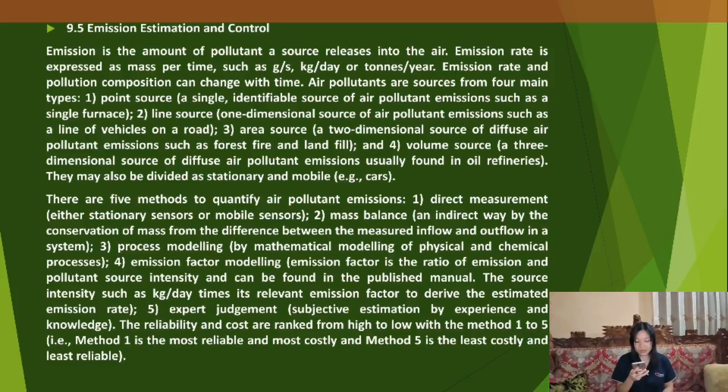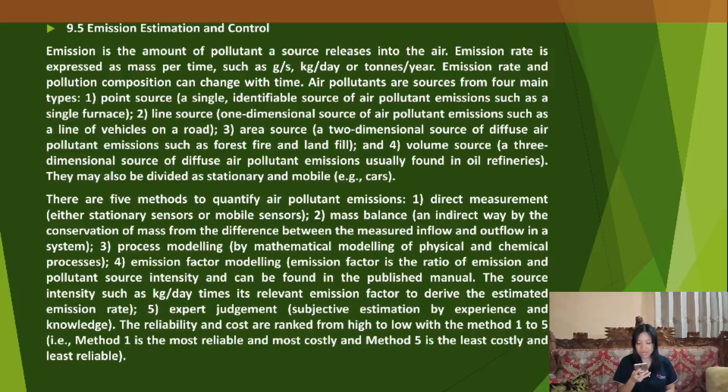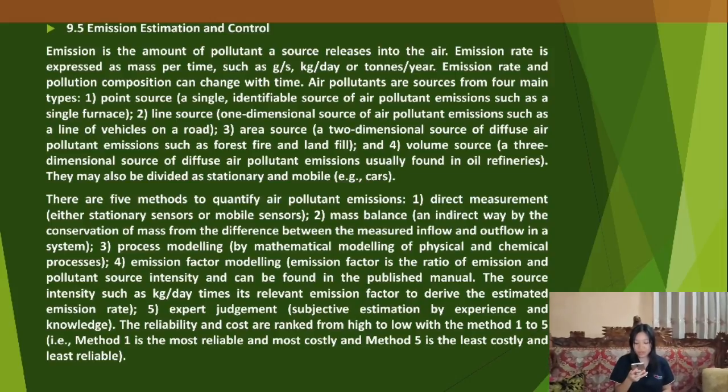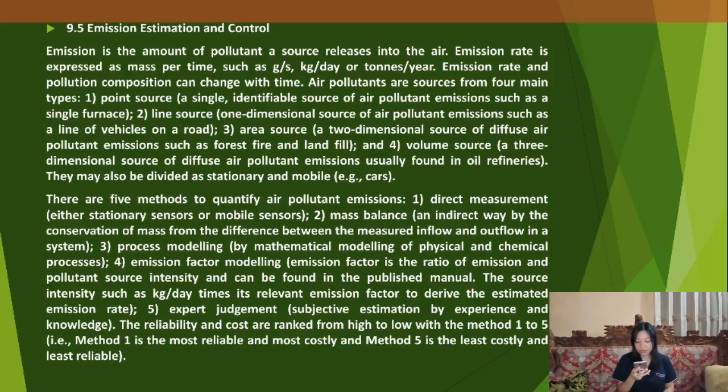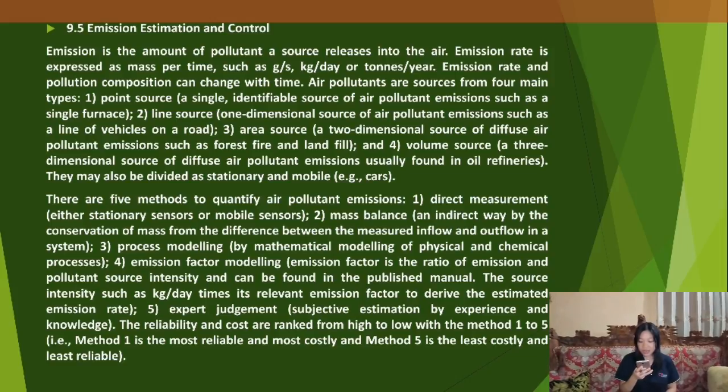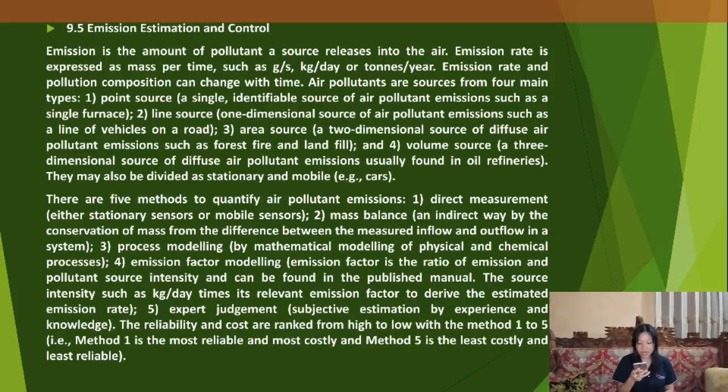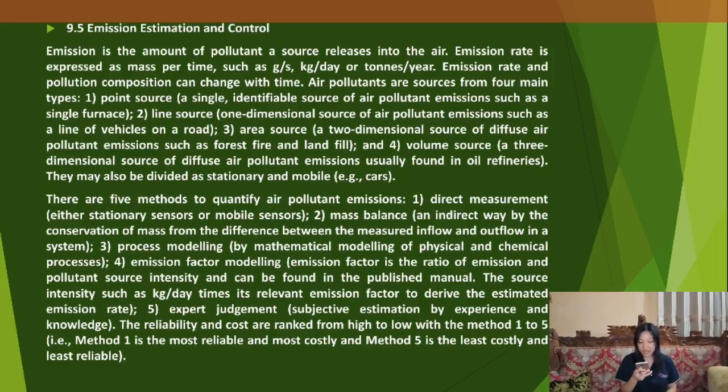Expert judgment, subjective estimation by experience and knowledge. The reliability and cost are ranked from high to low with the method 1 to 5, i.e., method 1 is the most reliable and most costly, and method 5 is the least costly and least reliable.